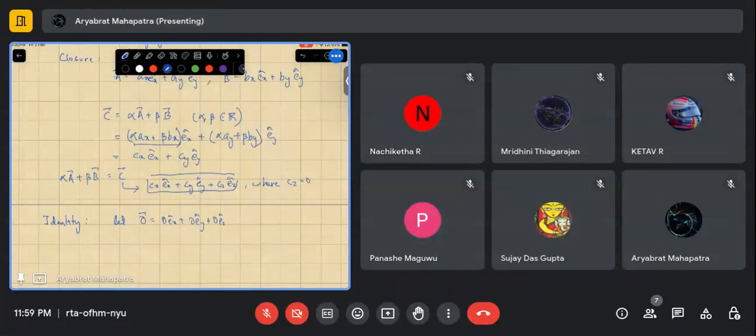By adding a with 0, that will give me a, because this is a null vector. If I add them, it gives us the same structural form of vector which was initially defined in the question.